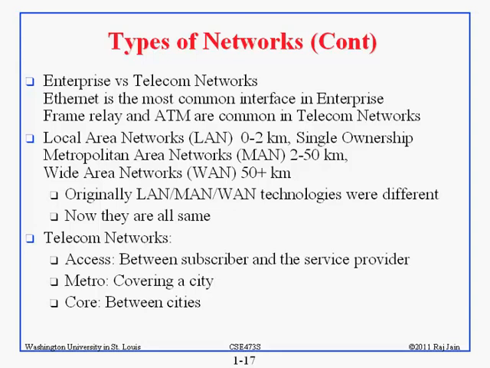The wire that goes between the switching offices is different, or may use different protocols. That could be one of two types, either metro or core. Metro is the one that goes around the city, and the core is the one which goes between the cities, just like MAN, WAN, and LAN. So the telecom networks are access networks, metro networks, and core networks.